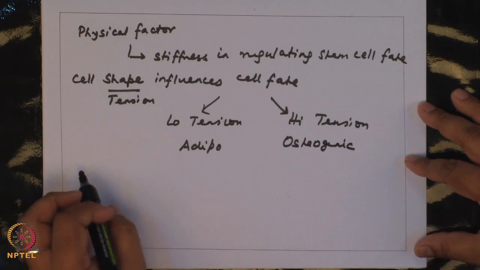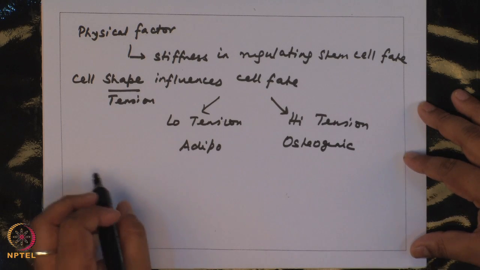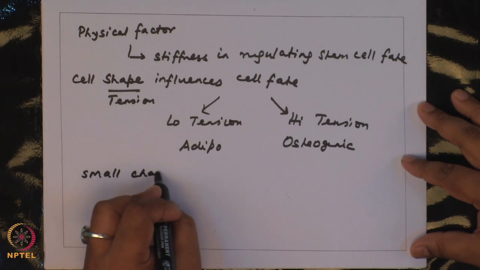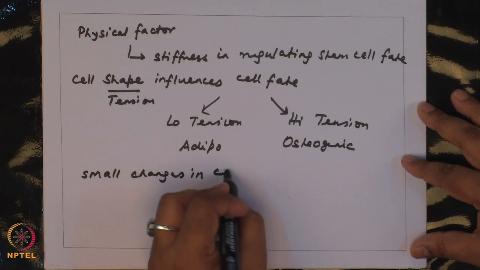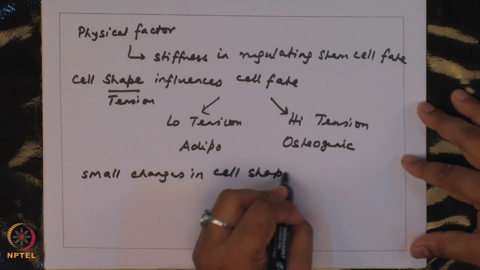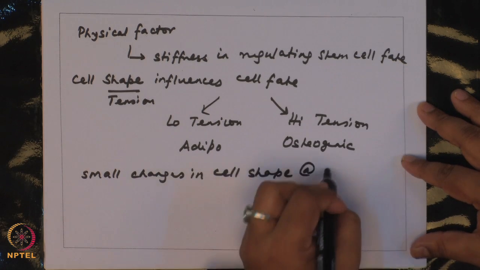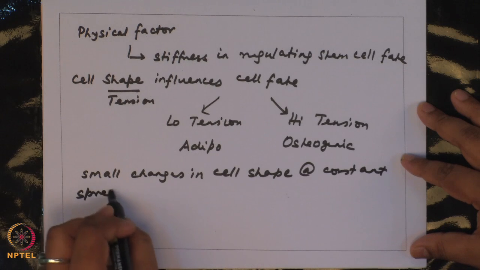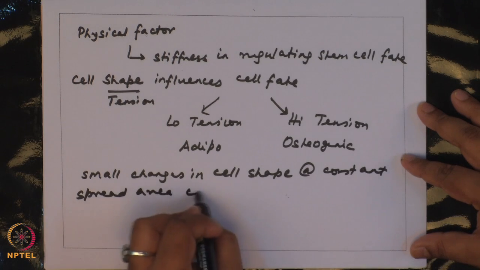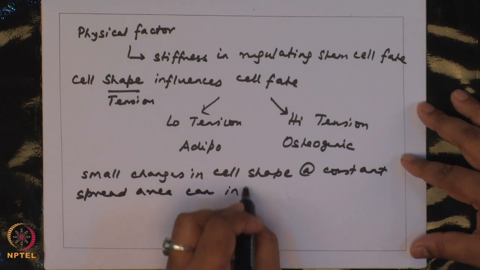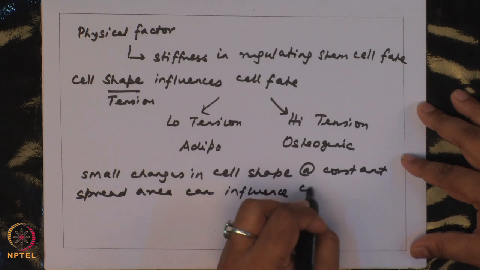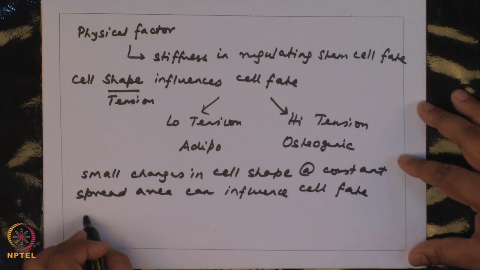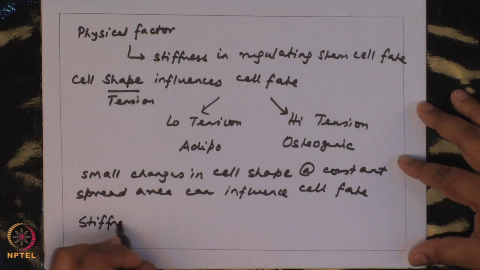Also, I discussed a paper where we showed that small changes in cell shape, at constant cell spread area, can influence cell fate. And towards the end I started discussing stiffness.